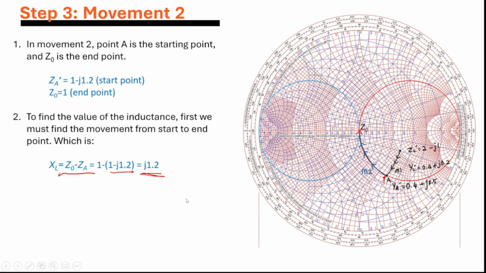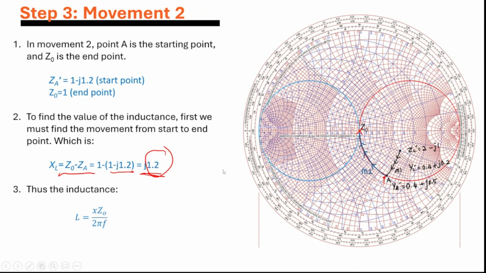Finally, the last step is to calculate the inductance, similar to our previous calculation for capacitance. What we need to do is just replace this 1.2 inside the formula earlier.